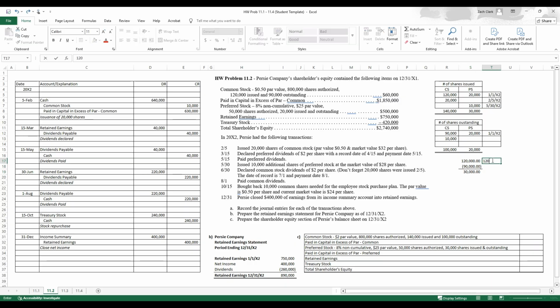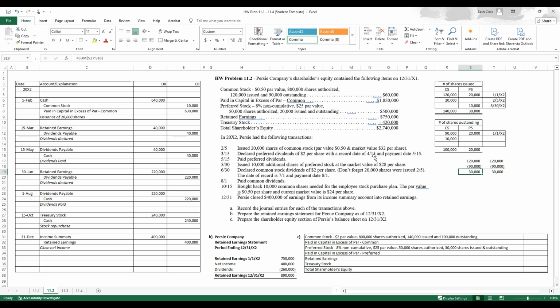And then if we have 120,000, oh no, wait. Oh, geez. All right, well, I'm just doing this as an illustration because we did actually issue more shares. We have 140,000 now. So I'm just trying to show if we originally had 30,000 of treasury stock, and this is what's outstanding. We just bought back an additional 10,000.